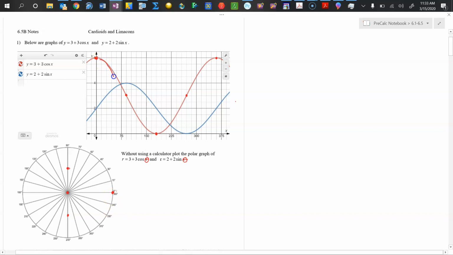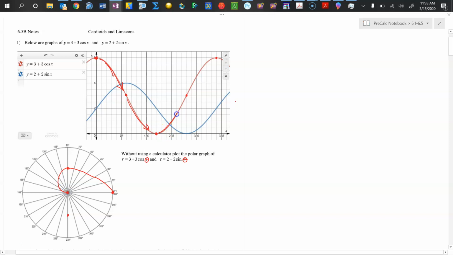Between 0 and 90 degrees, our function is decreasing. So our r values are getting closer and closer to 3. And then between 90 and 180 degrees, still decreasing, our r values are getting closer and closer to 0.